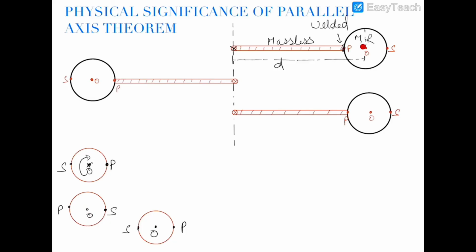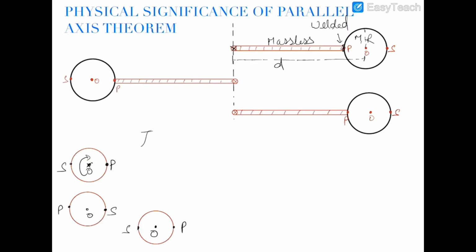But in this case, when the ring is rotating about some other axis which is passing through some other point and which is parallel to the center of mass axis, then this ring is in fact also rotating about its center of mass, and its center of mass is also moving around this axis. So there are two motions of the ring, and we have to write down the two moments of inertia.